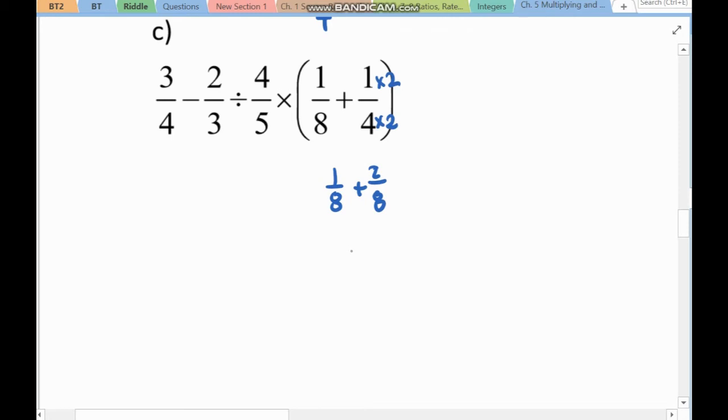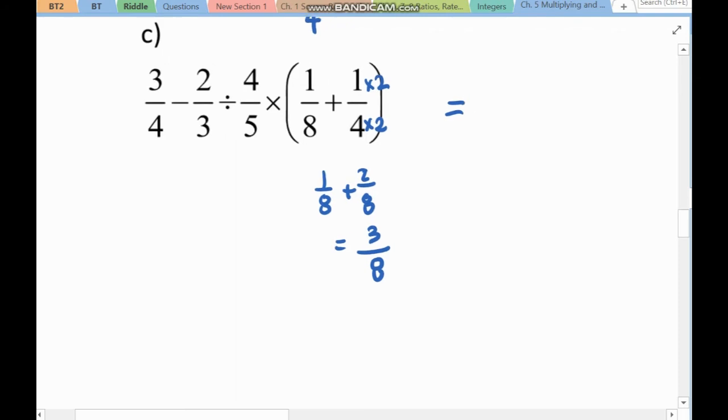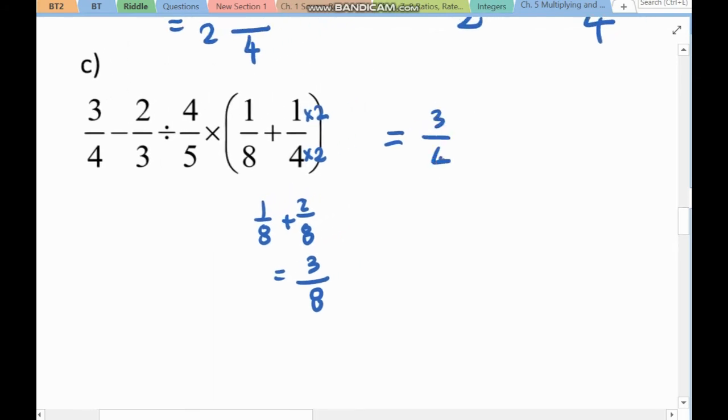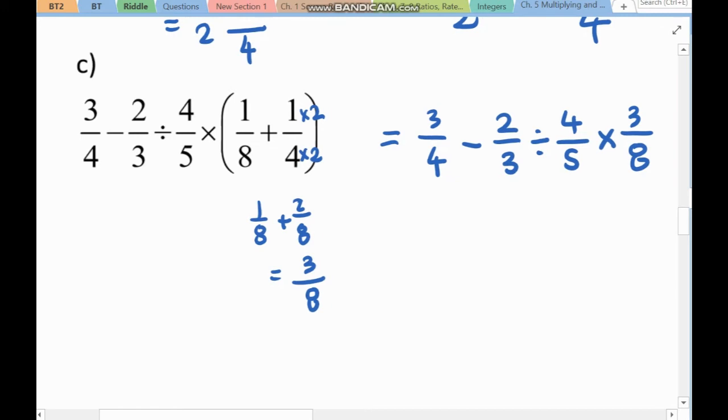Okay, then we keep the denominator at the top. So 3 over 8. So let's rewrite everything. So 3 over 4 minus 2 over 3 divided by 4 over 5 times 3 over 8.